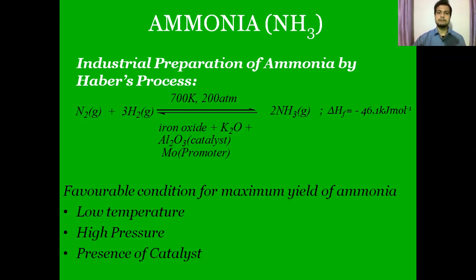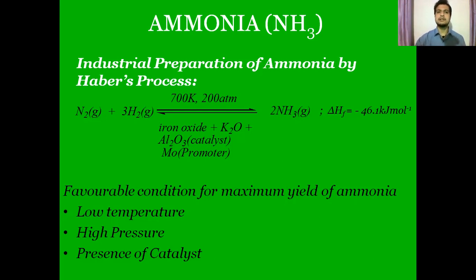So if you want maximum yield of ammonia, the reaction should be done at low temperature. But remember that according to chemical kinetics, as the temperature decreases, the rate of reaction also decreases. That's why this reaction is not carried out at low temperature, but at an optimum temperature, which is 700 Kelvin.